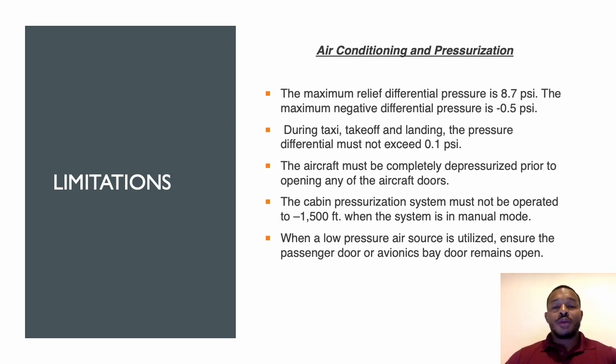So as we talked about before, it has different phases, and you can see that it has a specific psi for taxi, takeoff, and landing. Also, it must be completely depressurized before any of the doors are open. And also, the pressurization system must not be operated to 1,500 feet when the system is in manual mode.